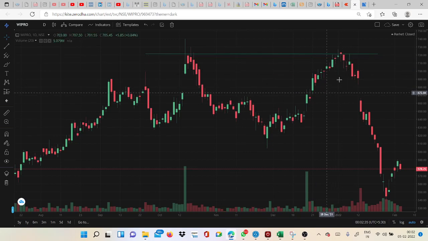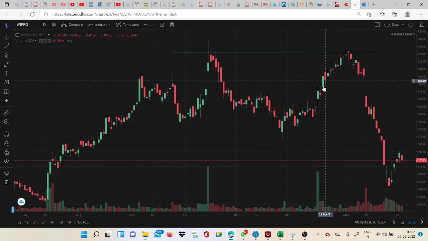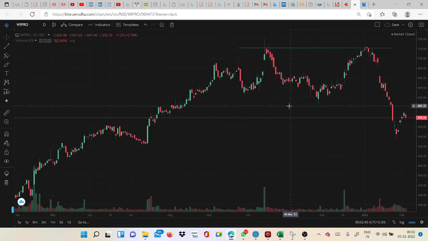Let's see, here the current price was around 720 rupees per share, and now you have the expectation that the price may go down. If you purchase this contract, or if you target the strike price, which would be around 620, right?